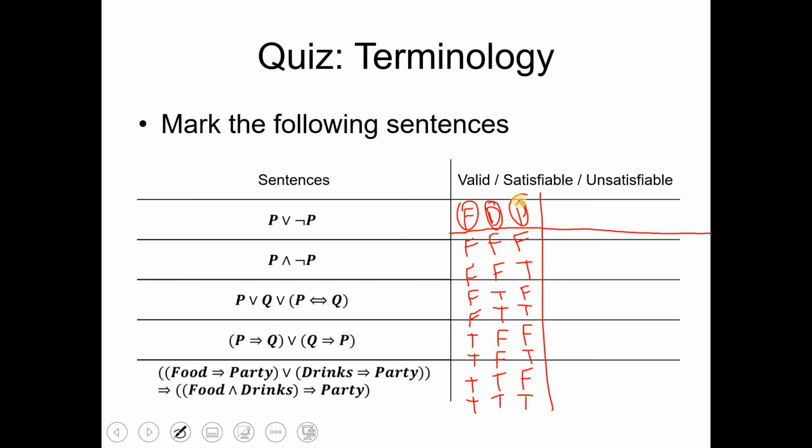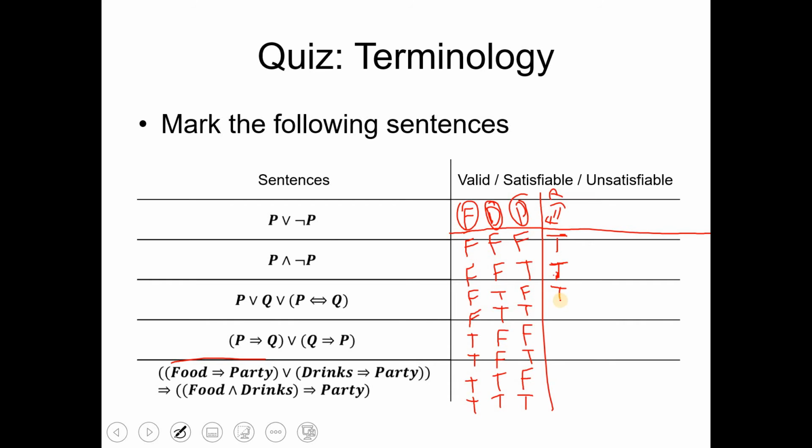Now I will write down over here food implies party. F implies P. So I will look at the first one and last one only. So F is false, I don't care. False, false.